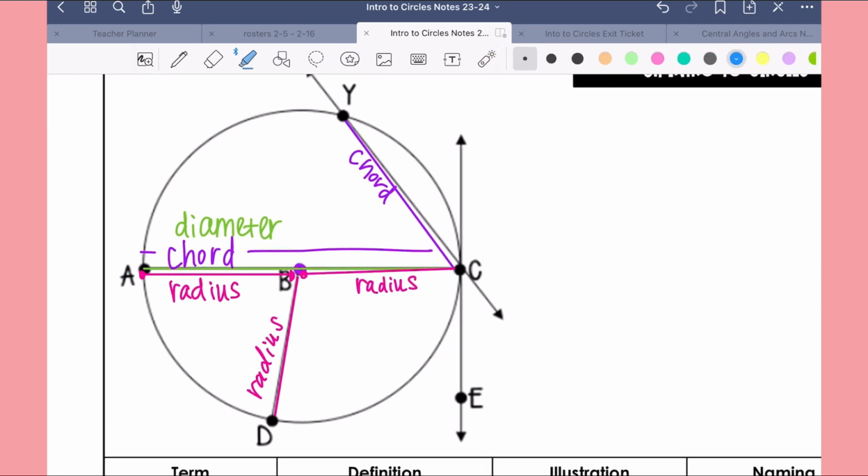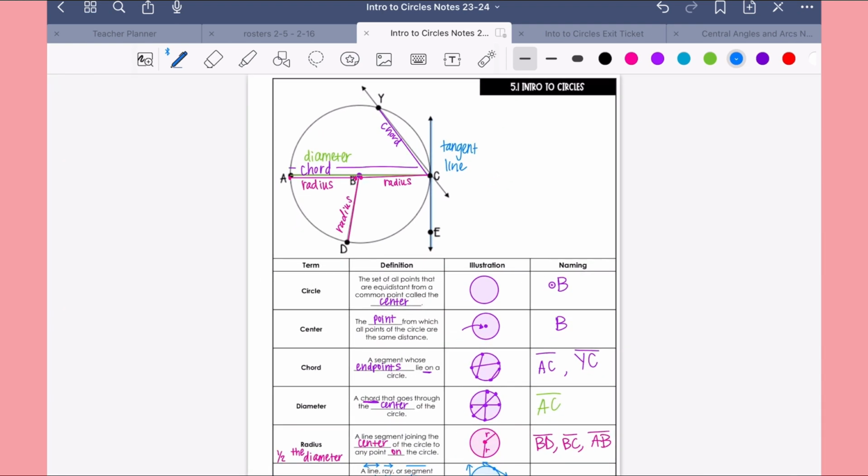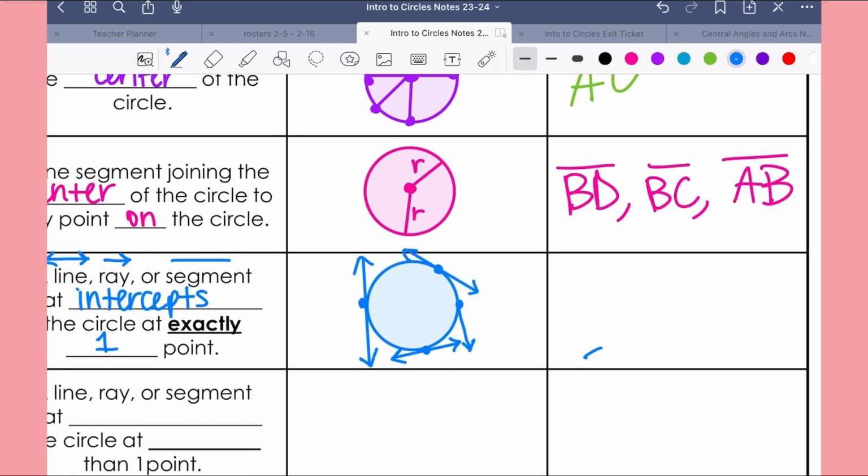My tangent line is right here, CE. Let's label it tangent line. Okay, so that's line CE. Make sure you use the right notation on top of your 2 points to name the line.